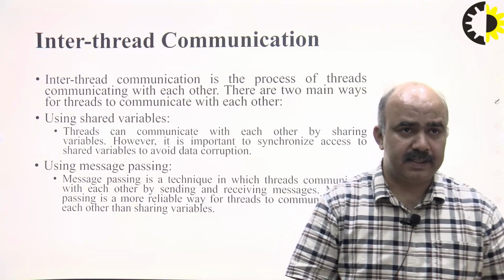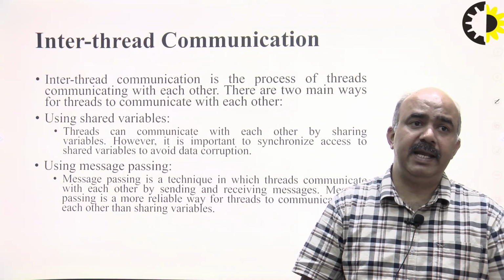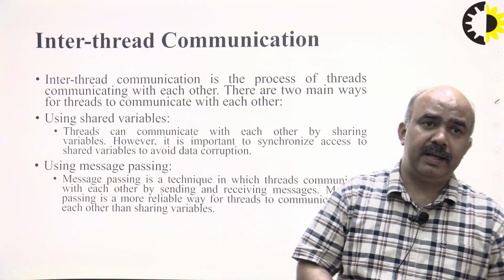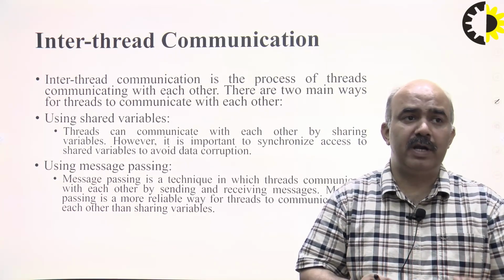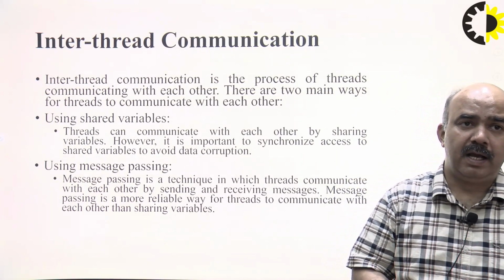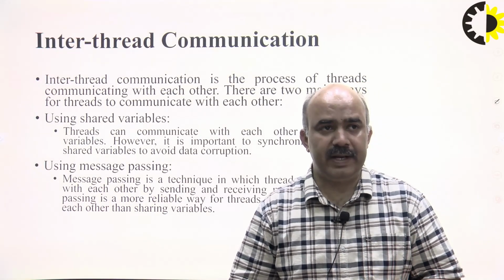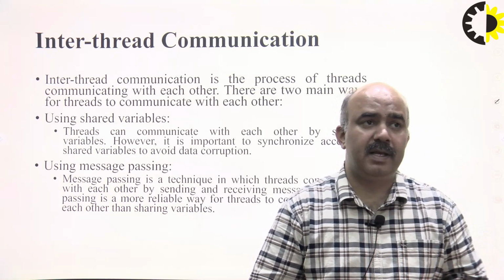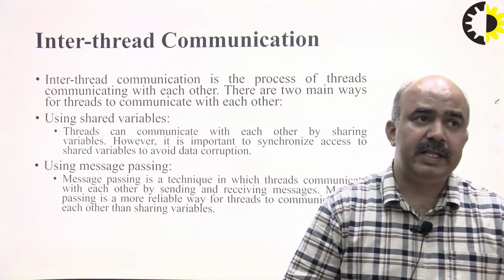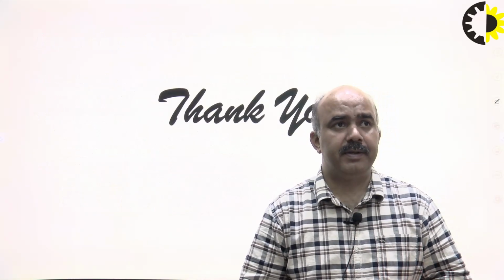In message passing, threads communicate with each other by sending and receiving messages. This is a more reliable way of thread communication than sharing variables. Why? Because while sharing variables, during synchronization, your data may be corrupted.